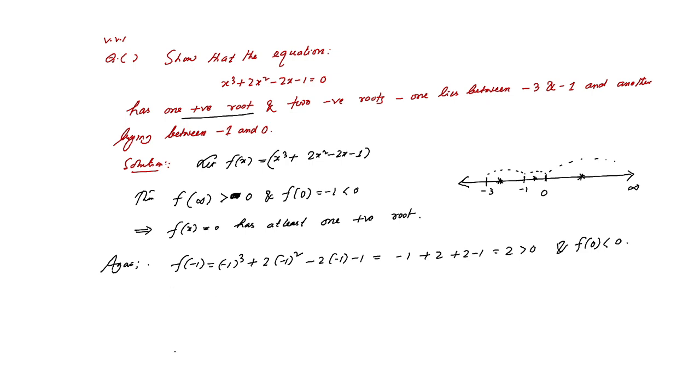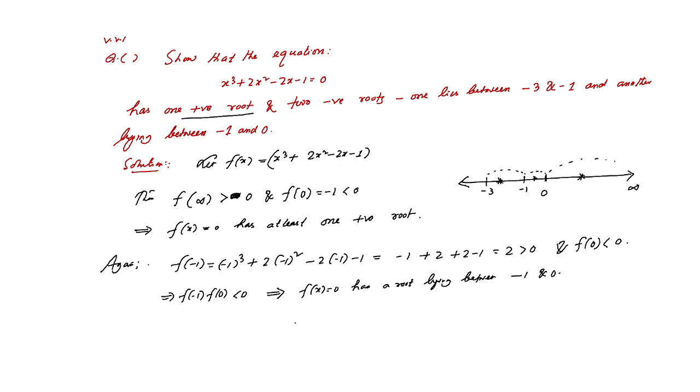So that means in -1 and 0, the functional values are of opposite sign. So f of -1 into f of 0 is less than 0. That implies f(x) equals 0 has a root lying between -1 and 0.